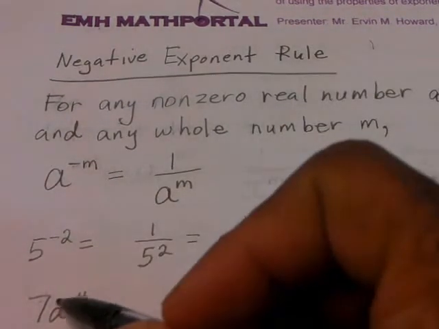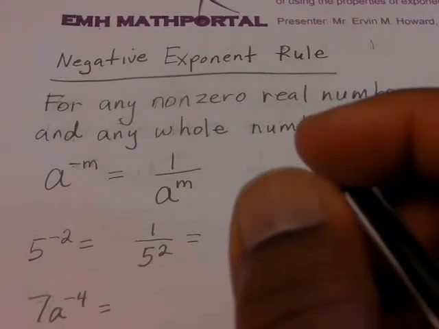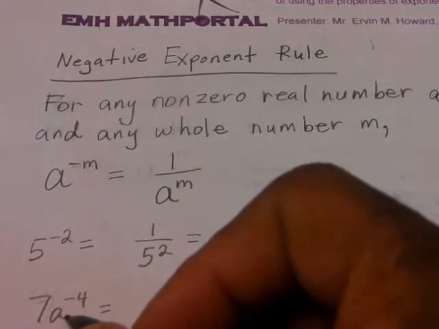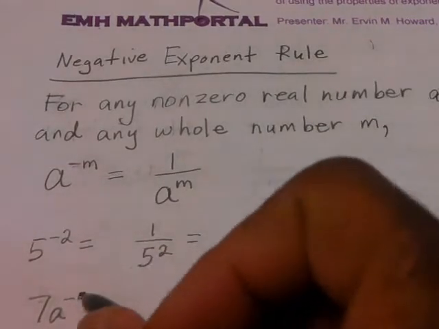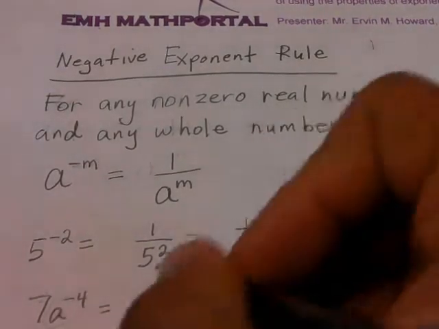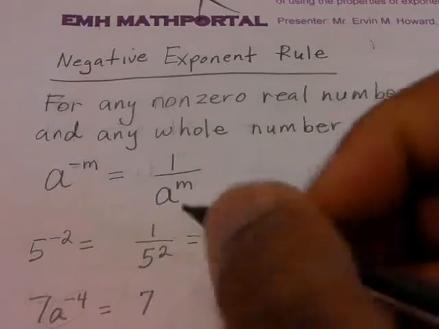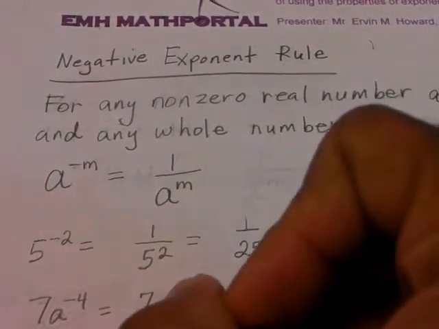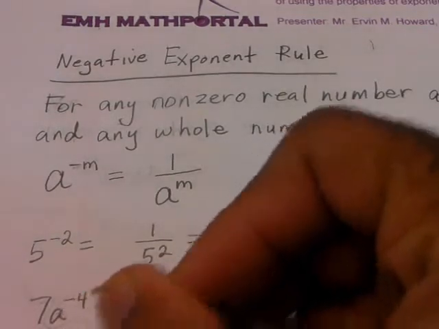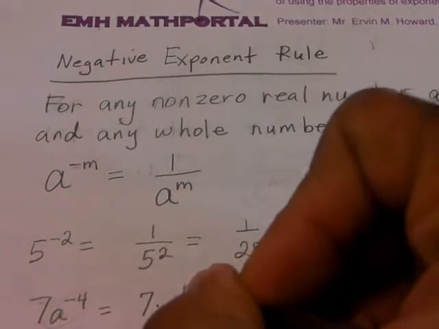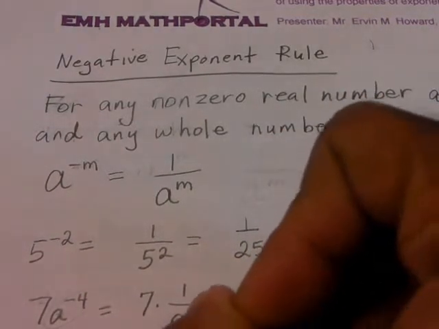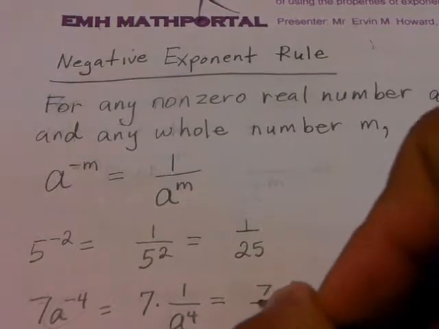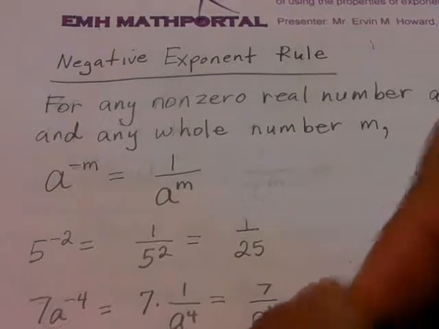So that would be the raised base, and we have only applied the formula here. We use multiplication, because this is similar to multiplication: 7 times, and then we apply the formula, 1 over a to the 4th. That equals 7 over a to the 4th.